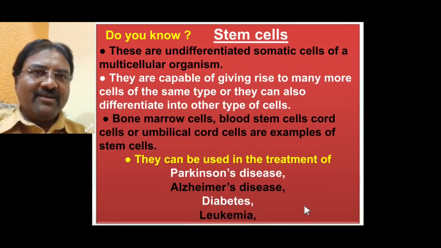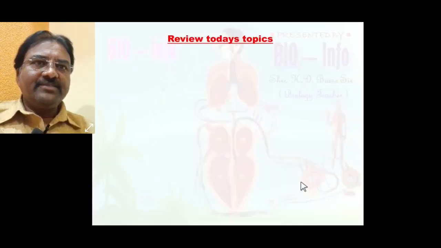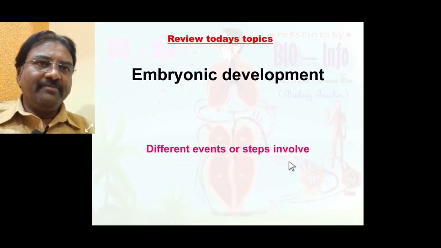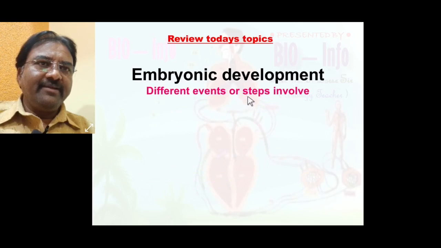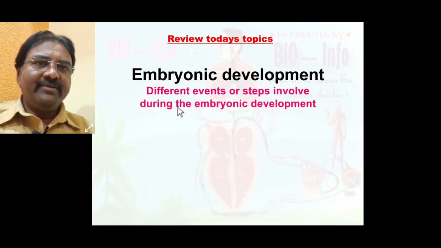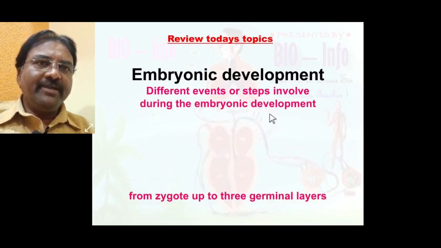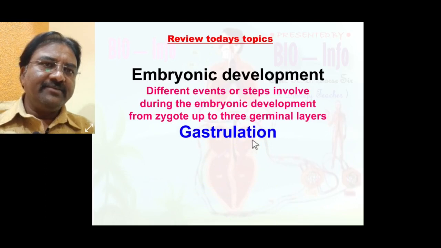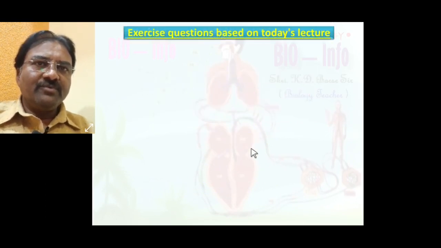Now a review of today's topic. We learned in detail about embryonic development, the different events and steps involved from zygote up to the three germinal layers, in detail in gastrulation. Also we discussed stem cells.